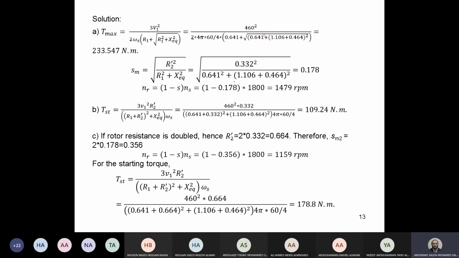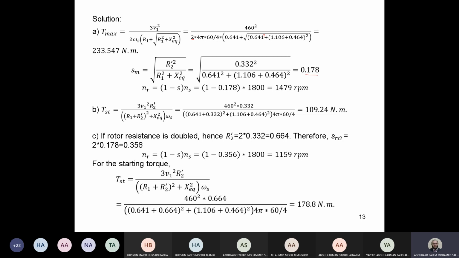We have all the parameters, so we can easily get the value of S maximum. As you can see, S maximum is high. The operating values of S for full load are 0.02, 0.04 like that. So 0.178 is considered very high compared to the full load.